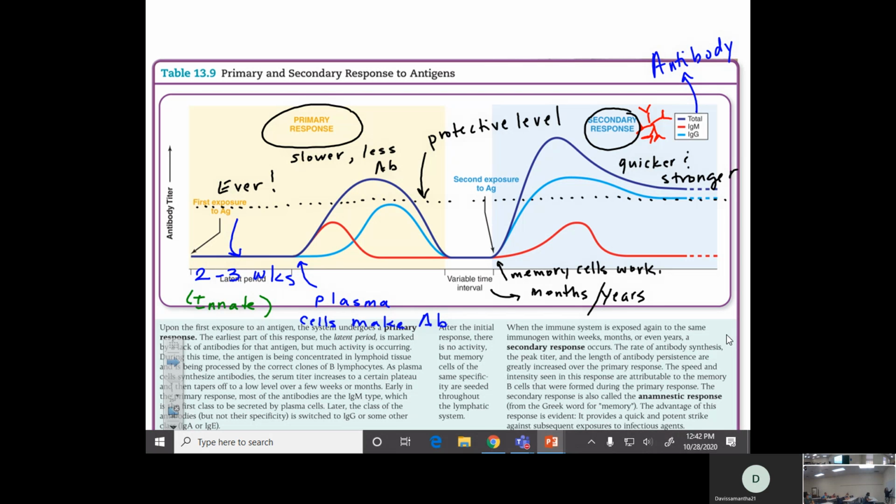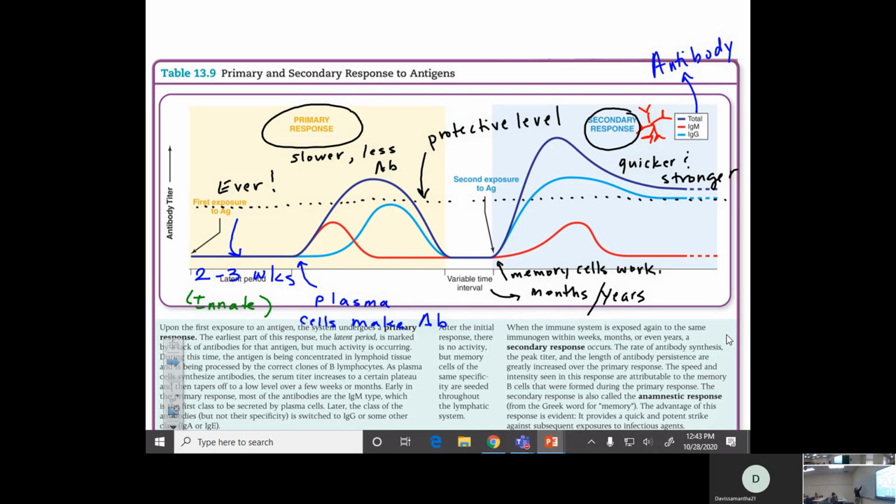Then you have the small bump, decreasing, and then variable time. Then at the second exposure, you get a really high bump. First exposure, and subsequent exposure.